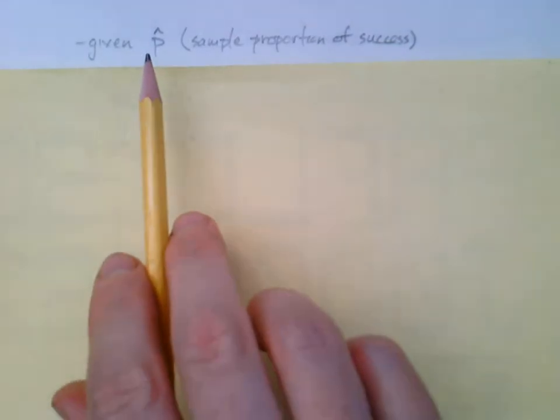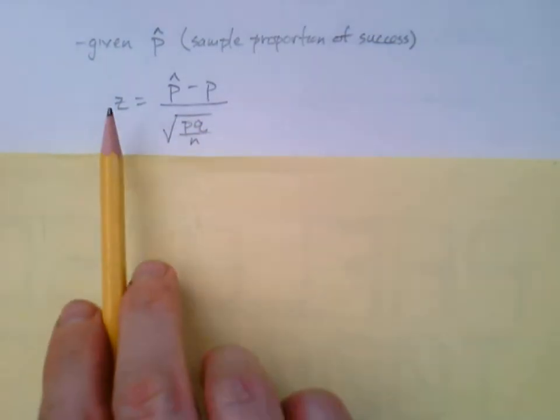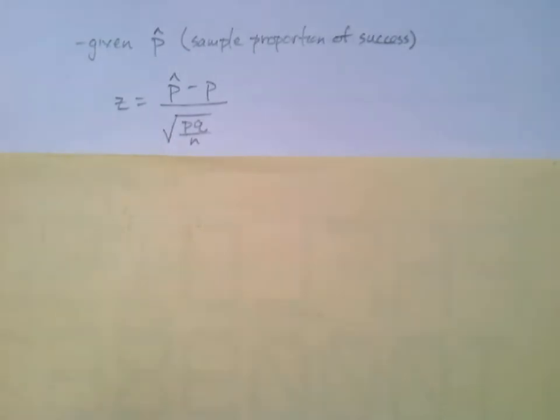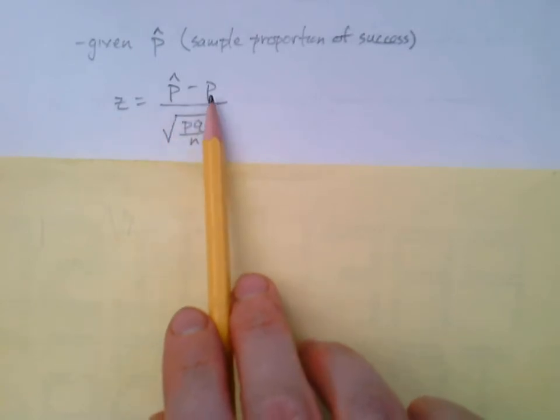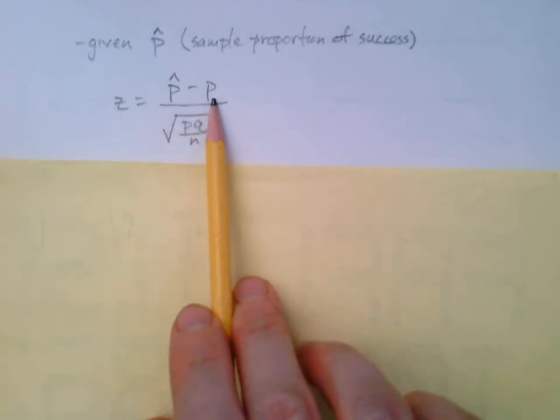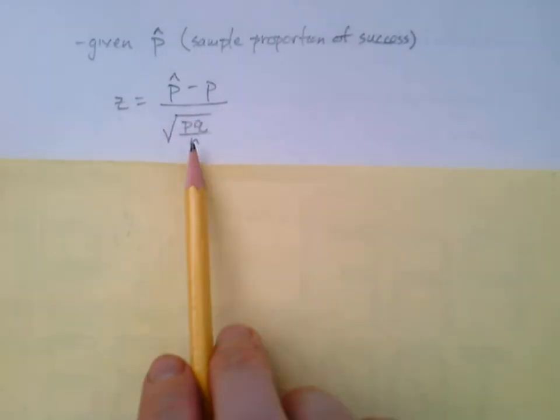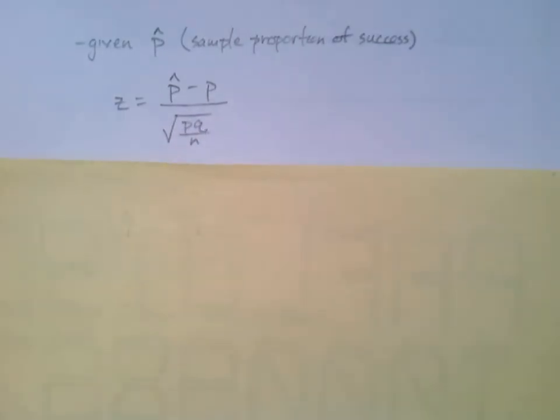Out of 200 lawyers, 63 advertised. So we had to go and compute that sample proportion ourselves, but we were given the info to do that. Okay, then we know the test statistic is back to a z, so we use the normal calculator for the p-value. But now this changes. We got p hat minus p, where p is the larger proportion of success, divided by the square root of pq over n.